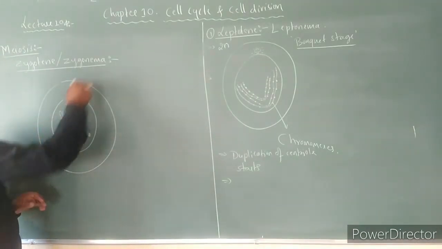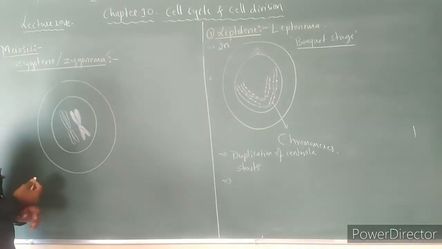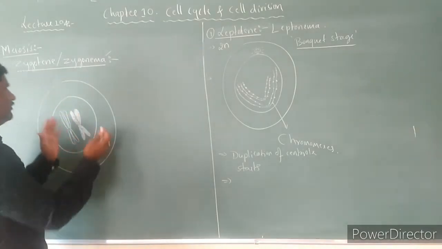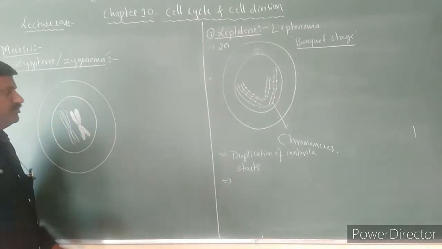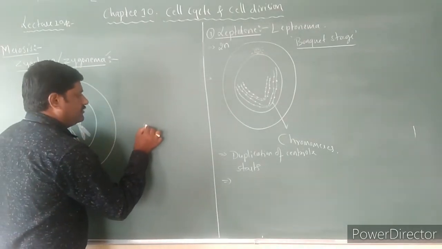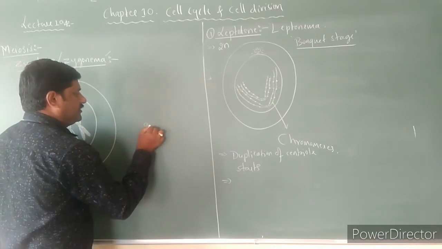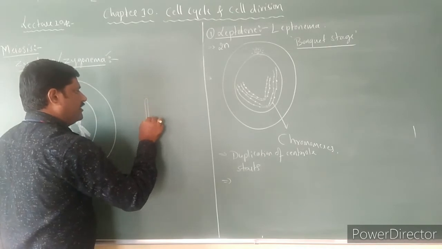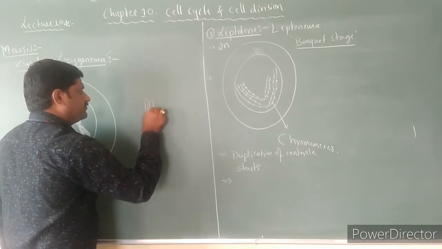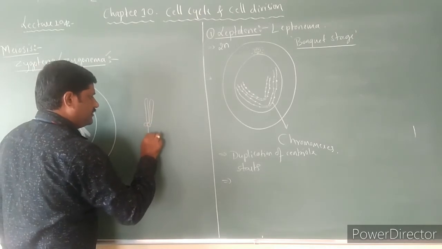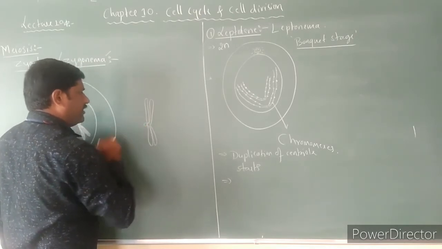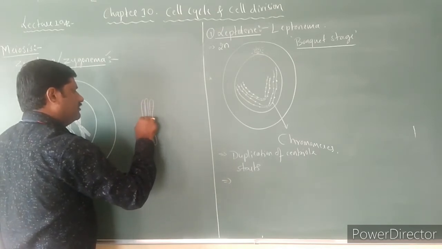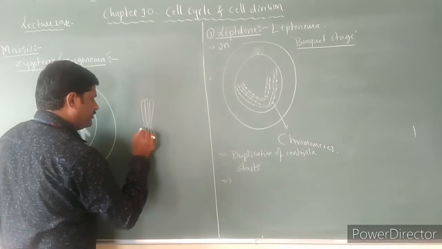These chromosomes in the zygonema stage overlap on each other, right? So when they overlap on each other, how do they look? See here, this is the centromere of one chromosome, this is the centromere of another chromosome. This is one chromatid of one chromosome, and another chromatid of another chromosome.